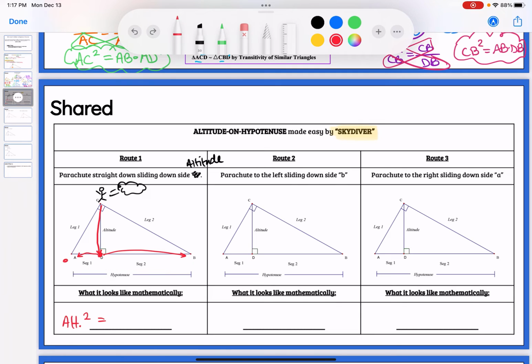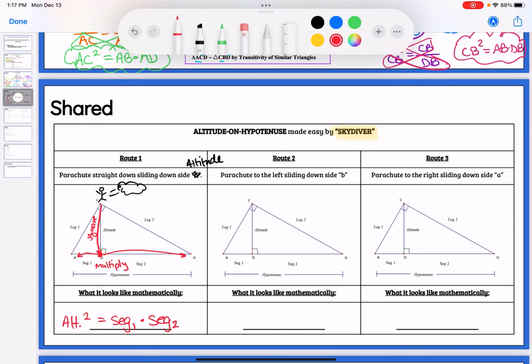He can't do that. He's got to start at D. So he could walk segment 1, or he could walk segment 2, and those are the things that I multiply together. So whichever way you come down the mountain, you square it, and then whatever places he could walk to, you multiply. And that's the first formula for altitude on hypotenuse, our skydiver.